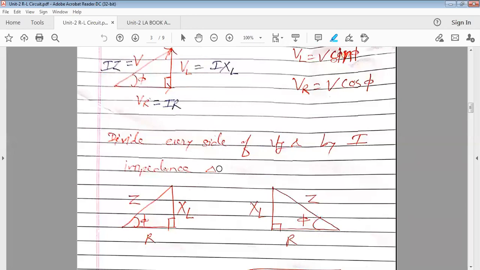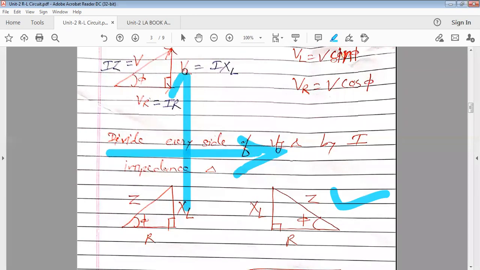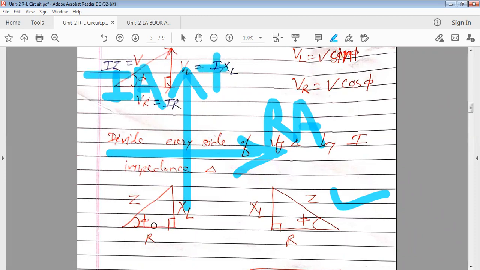Now compare this impedance triangle with the S plane. All of you know the S plane. This is the real axis, the x-axis, and this one is the imaginary axis, same as x and y, with positive and negative sides.